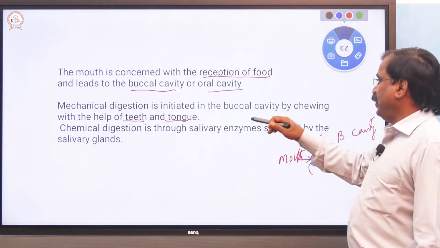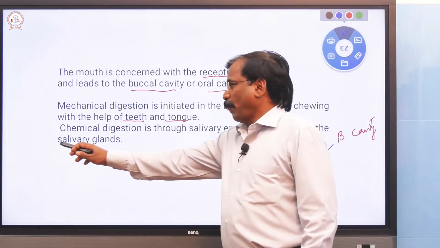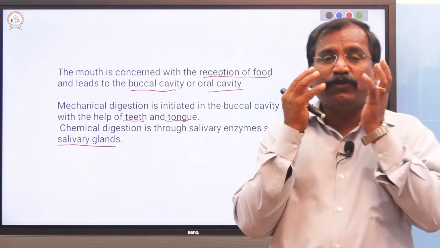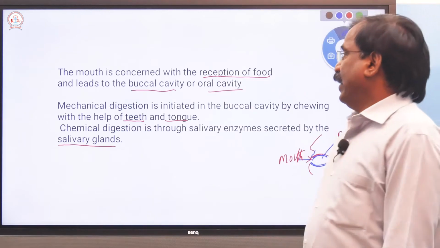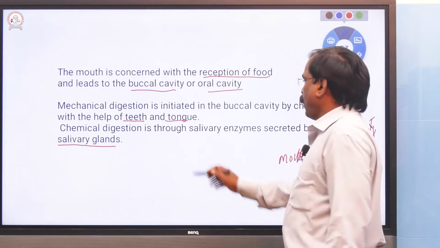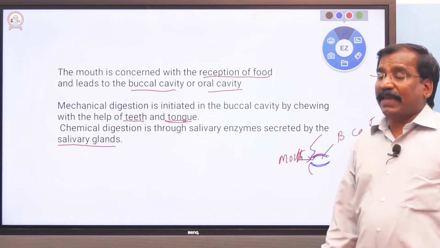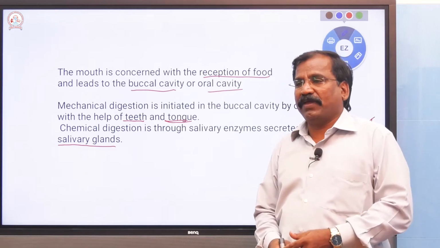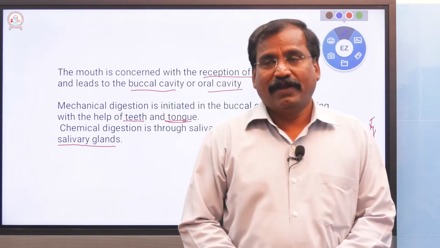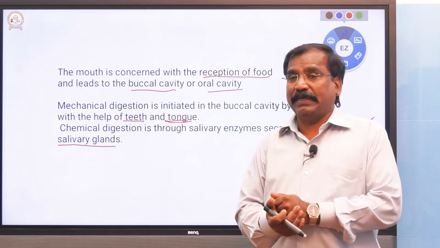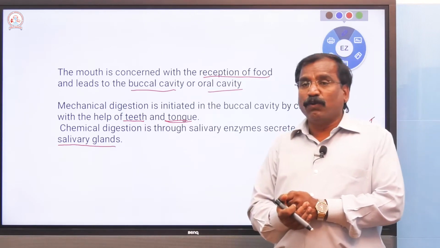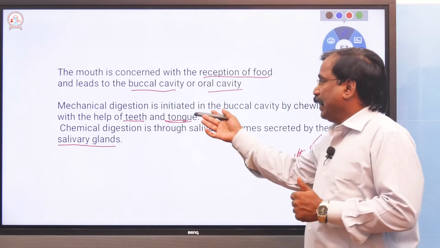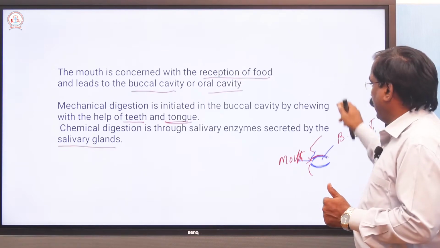The buccal cavity contains the salivary glands, which we will discuss in detail separately. There are 3 pairs of salivary glands that secrete saliva: parotid, sublingual, and submandibular. One by one we are going to discuss in detail.